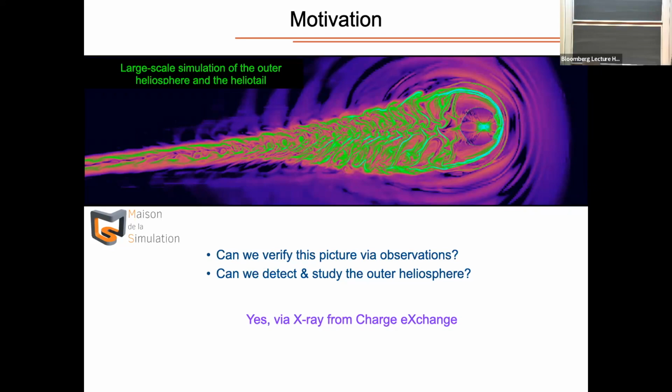There are also pickup ions, which are the side product of what I'm going to talk about. So we're basically on the way along, there is mass loading to this flow.